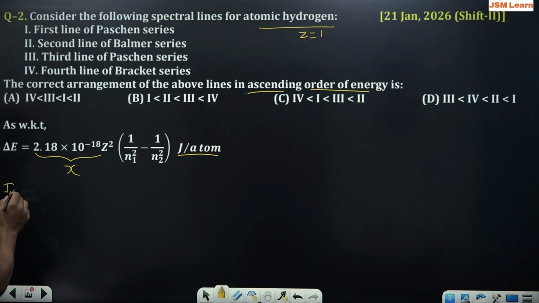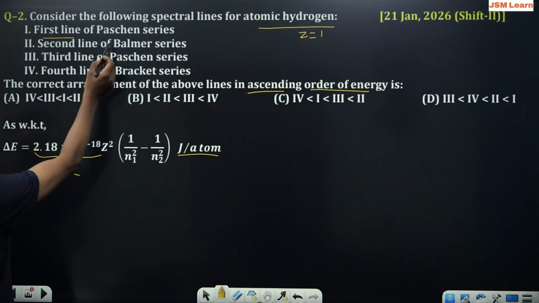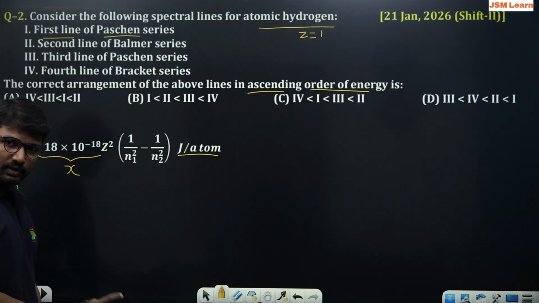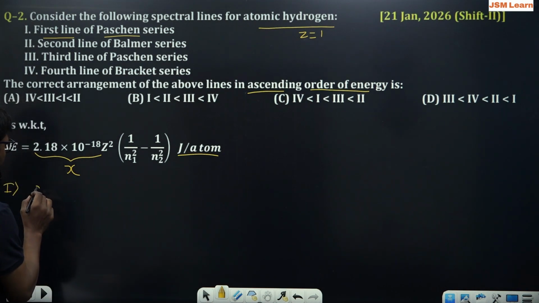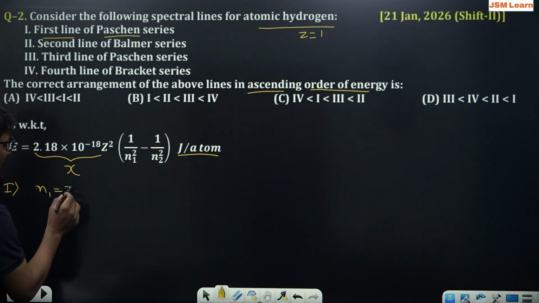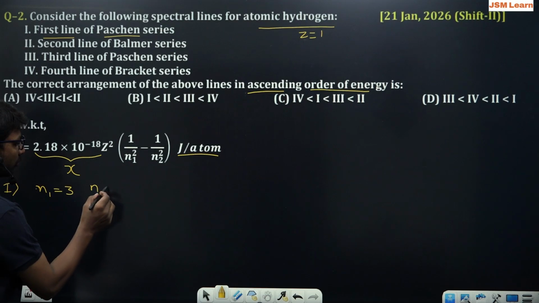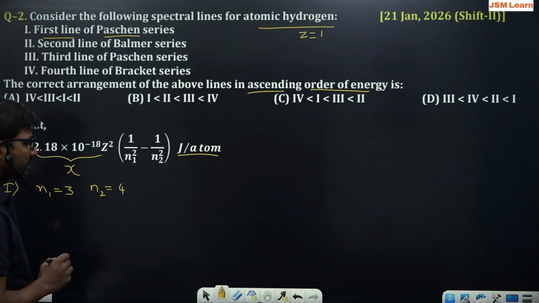For the first one, we can write the first line of Paschen series they are saying. For first line of Paschen series, N1 can be written as 3, and N2 value is 4 in case of Paschen series.